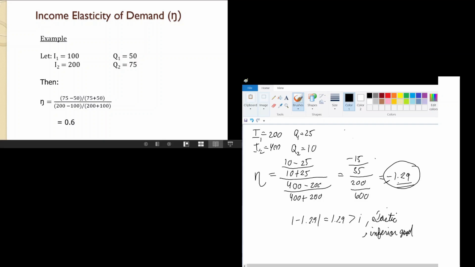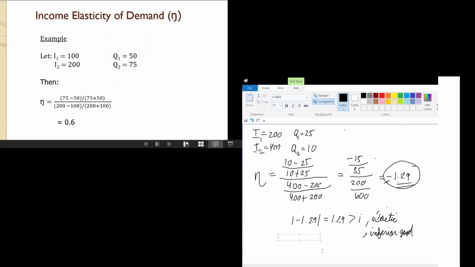So, we can now proceed to our last interpretation. So, tatlo lang kapag inferior good siya. So, a 1% increase ba or decrease? Anong nangyari sa income? So, from 200 naging 400 siya.